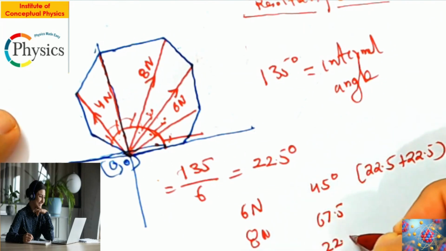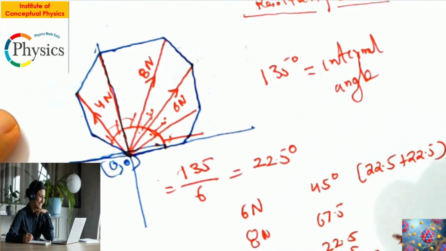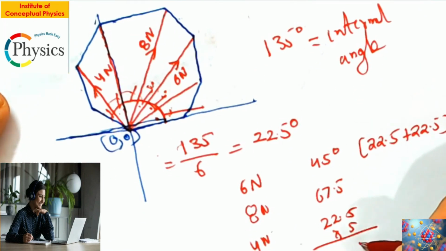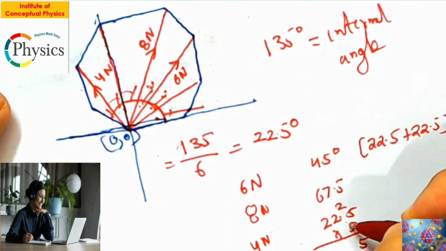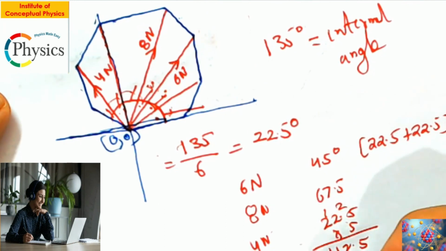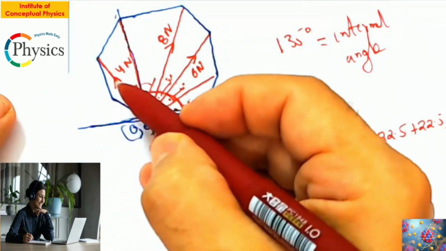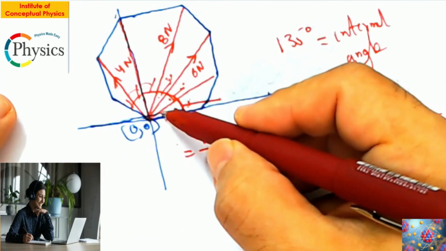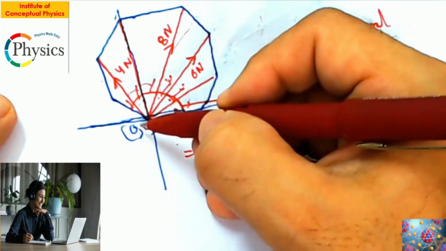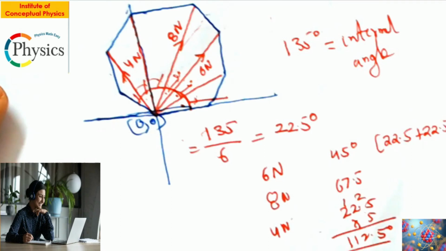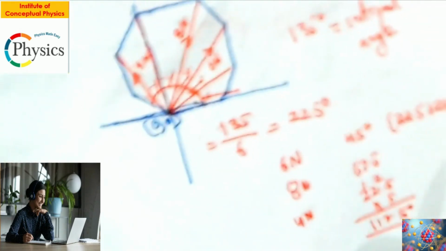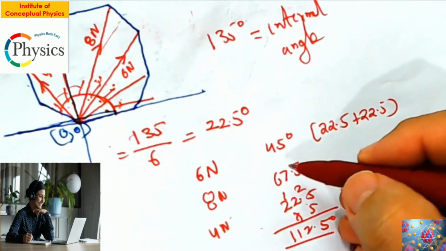The number of subdivisions is 5, multiplied by 22.5, which comes out to be 112.5 degrees. Now we know the angle made by each vector, meaning the force represented by a vector. And this is the first step.